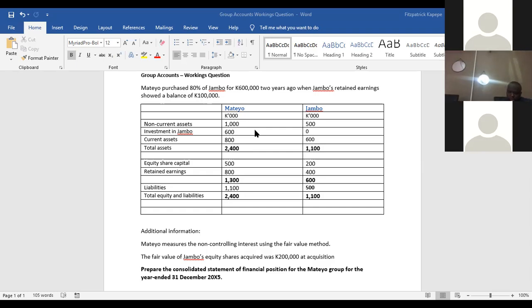So we can get the post acquisition first before we go to the last. The difference is 300,000, so post acquisition is 300,000.